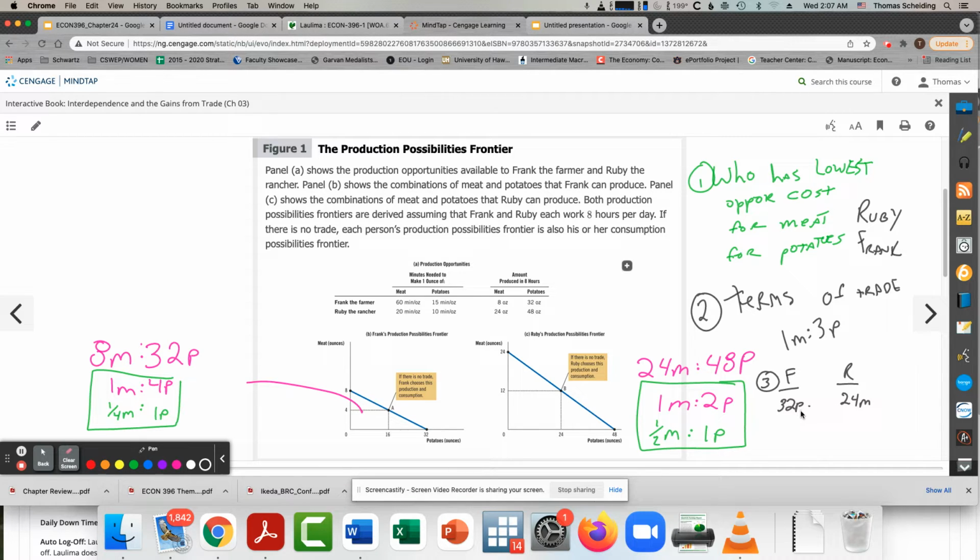And then they're going to trade for the other thing that they need. So let's say they give up 10 meats. That would mean minus 10 meat for Ruby, and Frank would get the 10 meat. And if they traded 10 meats, then they would get 30 potatoes.